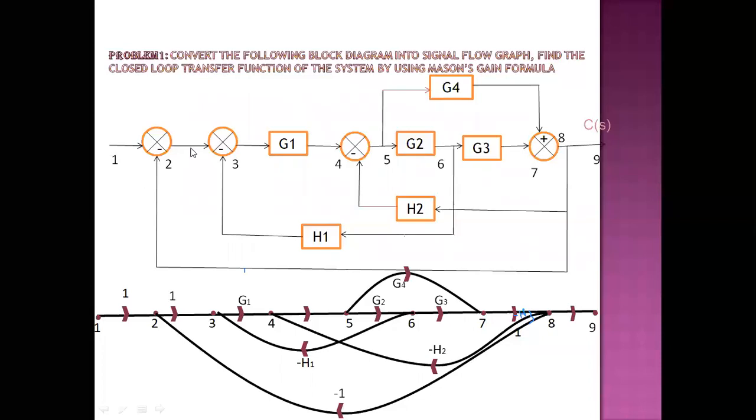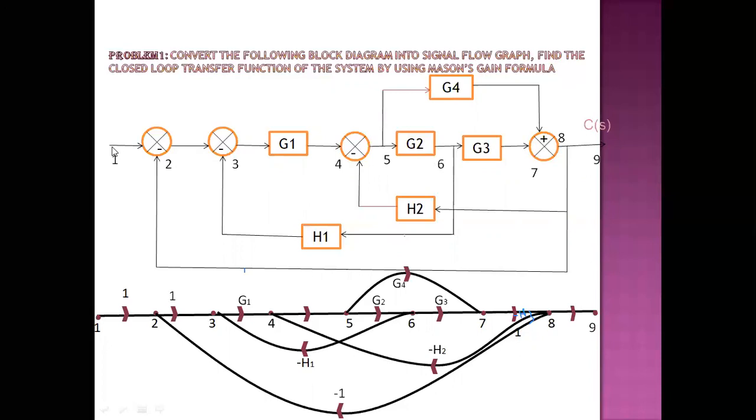So for this problem, in this block diagram, there are a number of summing points and branch points. So now what I do is I give numbers for each summing point, branch point, input and output node, starting from the input branch.